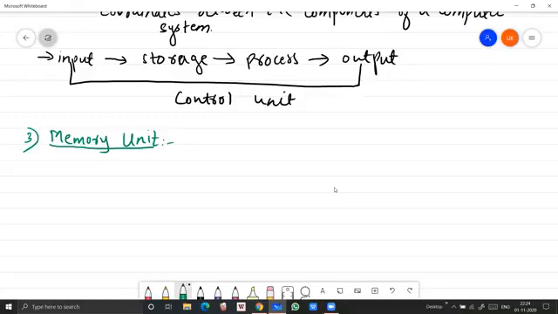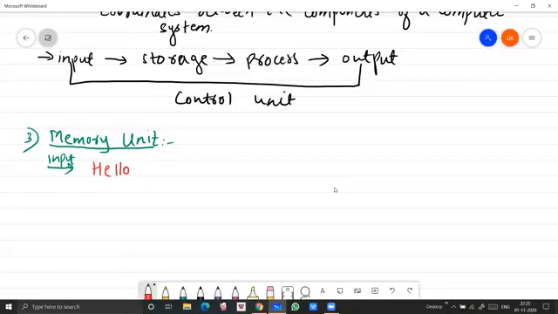Once a user enters data using input devices, the computer system stores this data in its memory unit. This data will remain there until other components of the CPU process it. Suppose I am sending an input, like I'm sending hello.